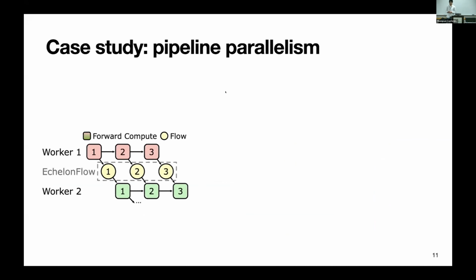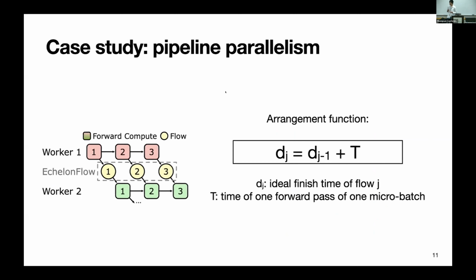So here is how we use echelon flow to describe pipeline parallelism. Instead of using CoFlow to say, hey, these flows should finish at the same time, our abstraction tells the network when the first flow in the echelon flow will finish, and the distances between flows in this echelon flow. In pipeline parallelism, the distance t is simply the computation time of one forward pass of one microbatch on one worker, which can be profiled.